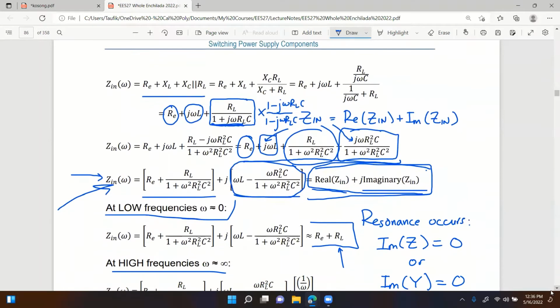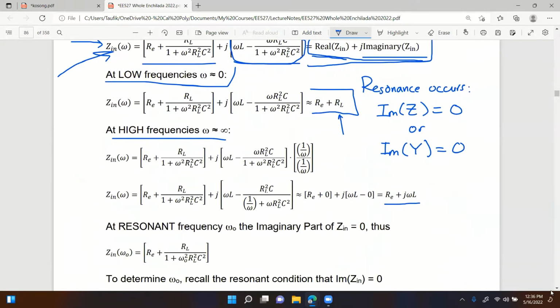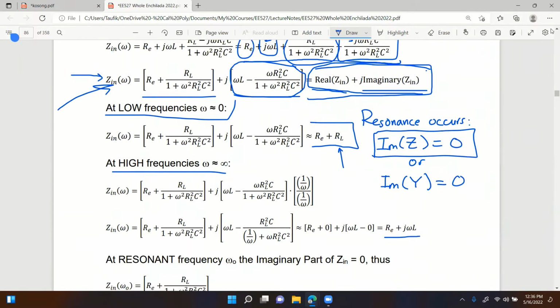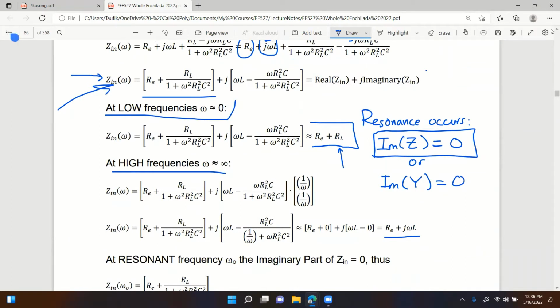At resonant frequency, the imaginary part of the impedance goes to zero, right? So this whole thing right here, by applying the definition, becomes equal to zero.